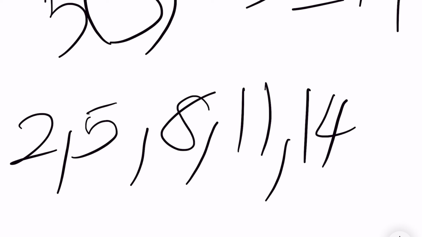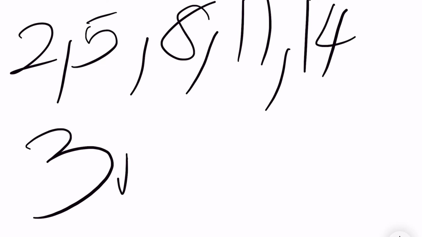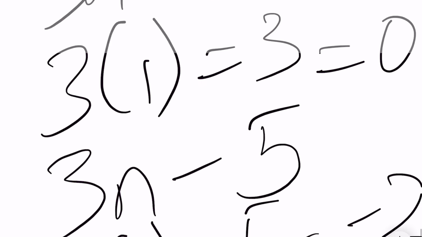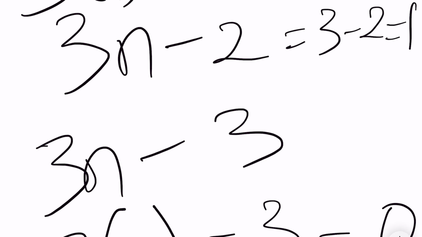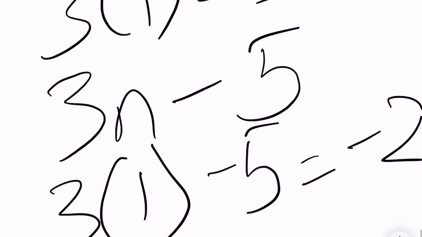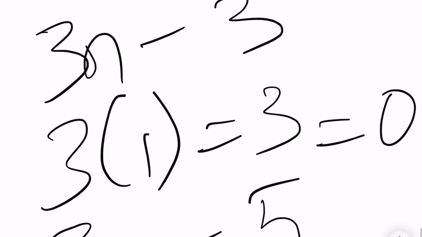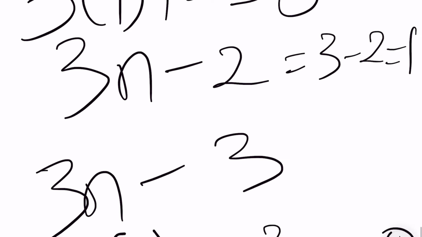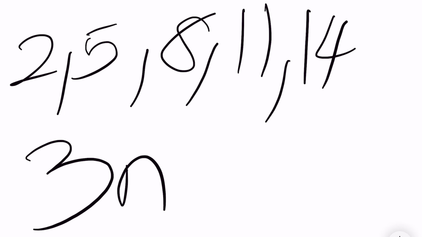Now, since the rule is 3, we have it to be 3n. So we have 3n.